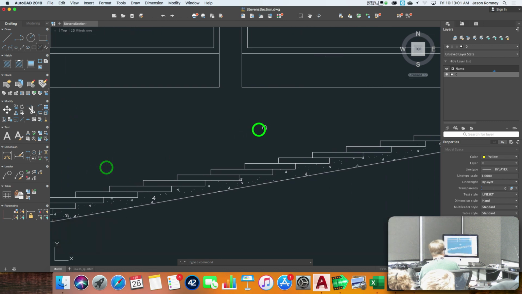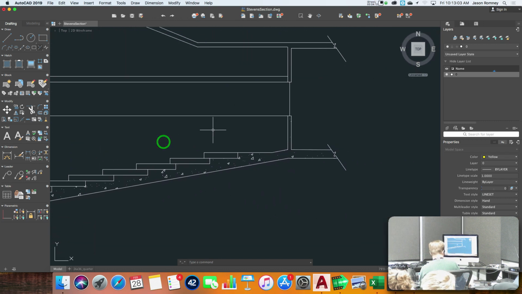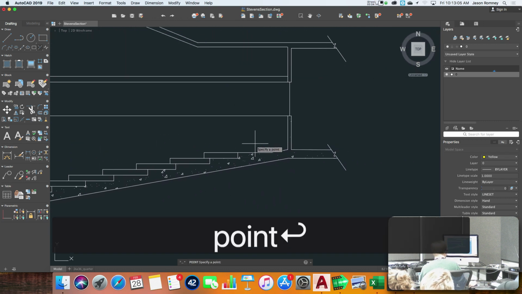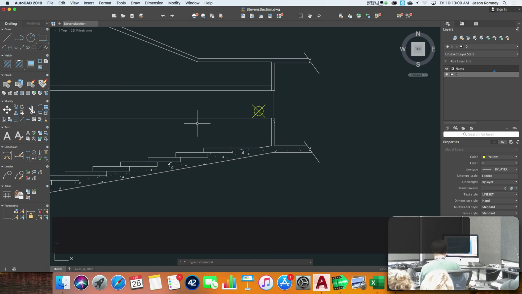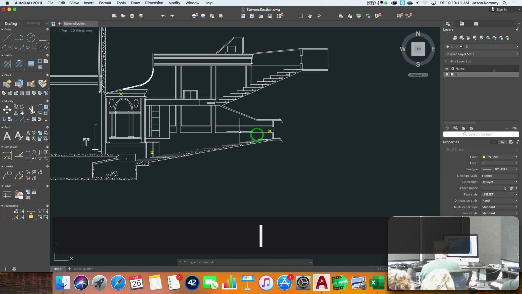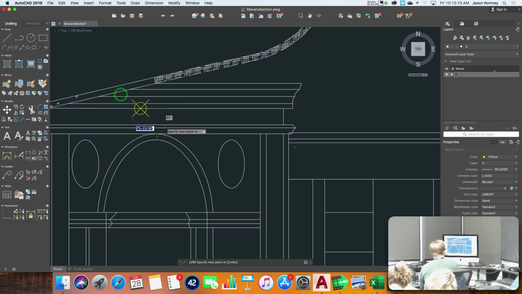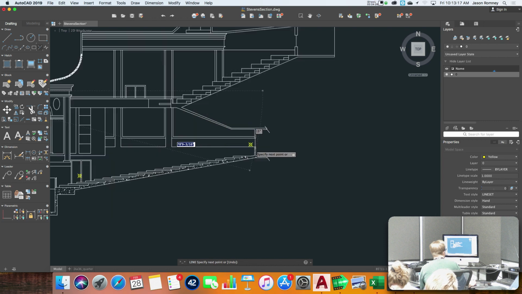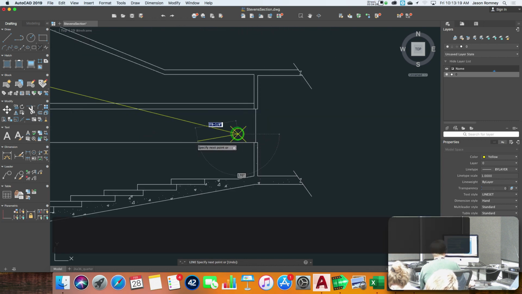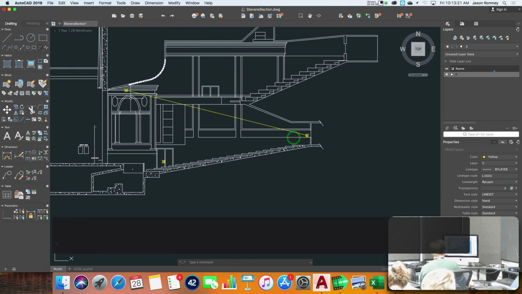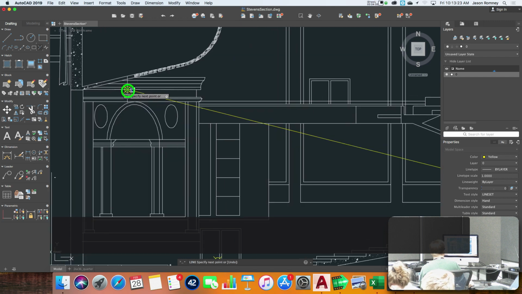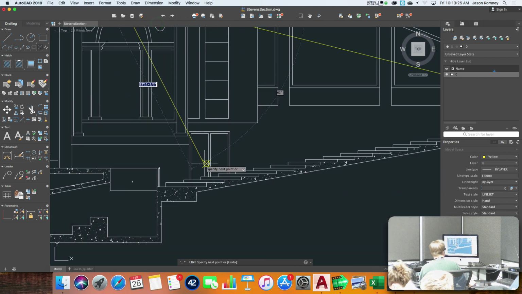And I'll do one in the back row as well. Okay. Now I'm just going to draw a line from here to there. And now I'll draw another line from here to there.